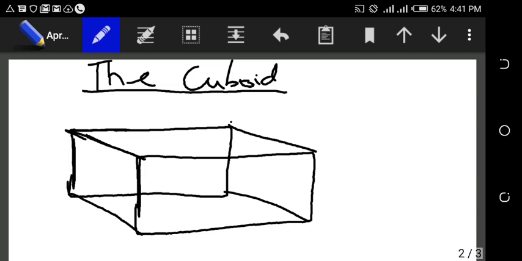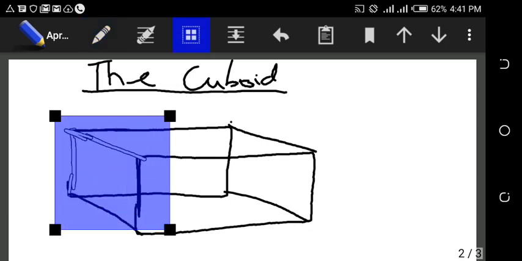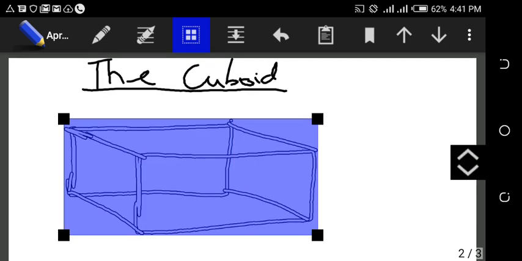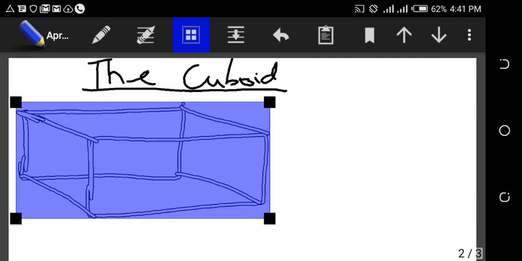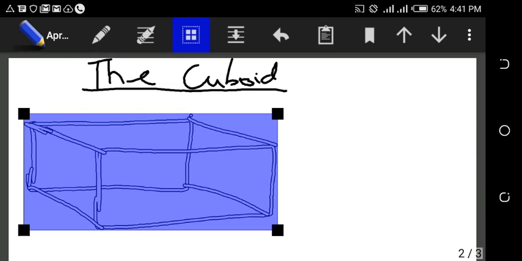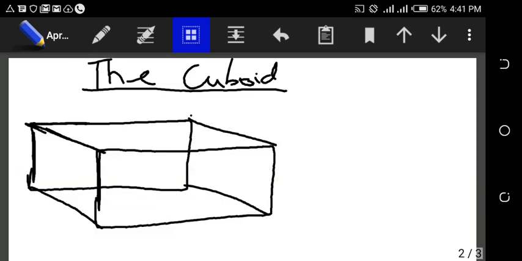To create some space, let me adjust this. Okay, so we have our cuboid drawn.